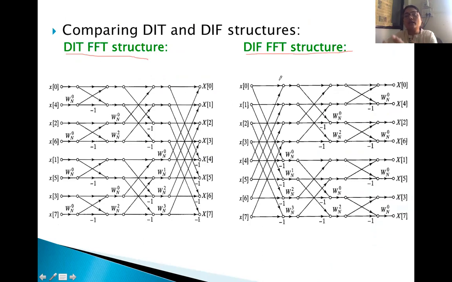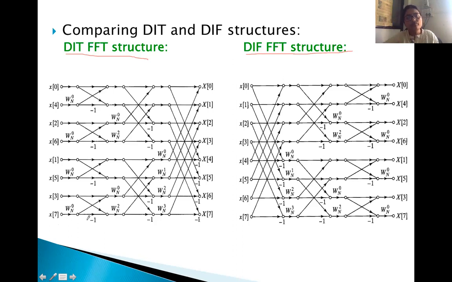So we can say that the DIF structure is the transpose of the DIT structure. If the DIT structure is transposed, it will be the DIF structure. If the DIF structure is transposed, it will be the DIT structure. They are transposes of each other, right?